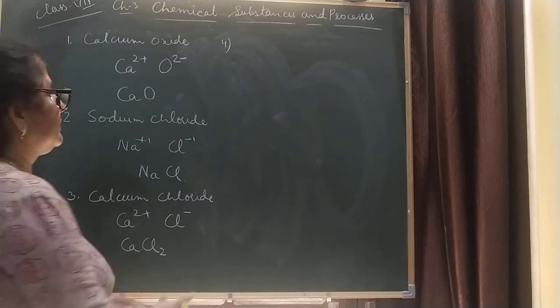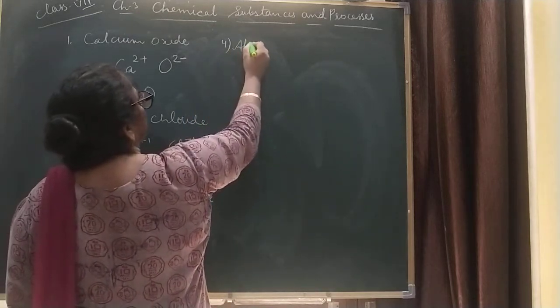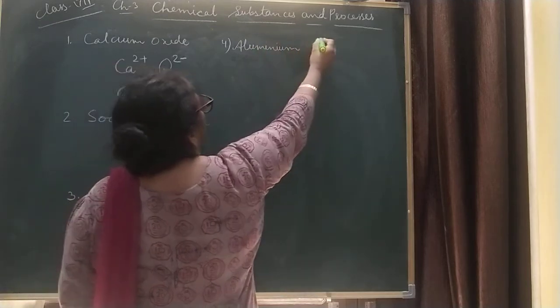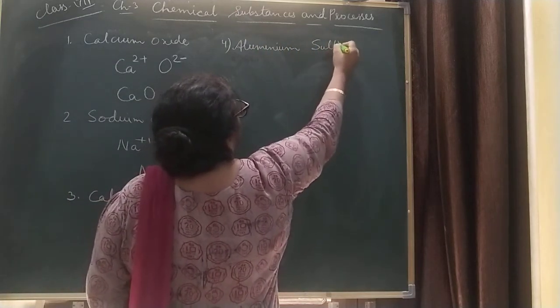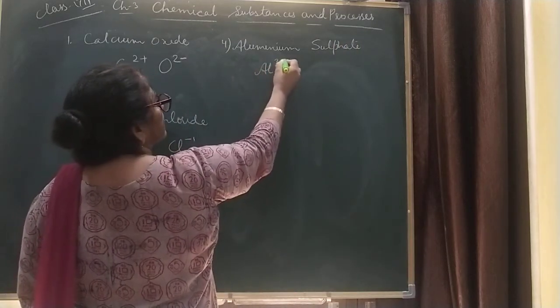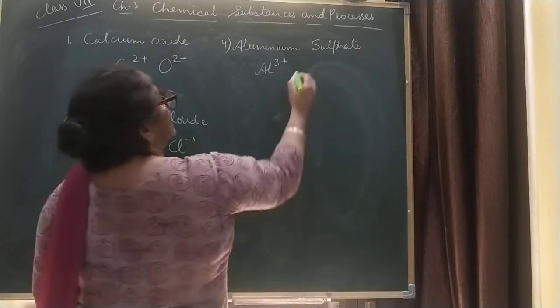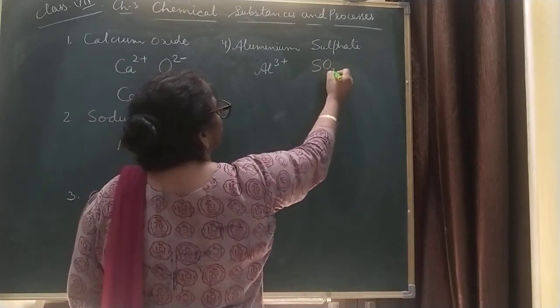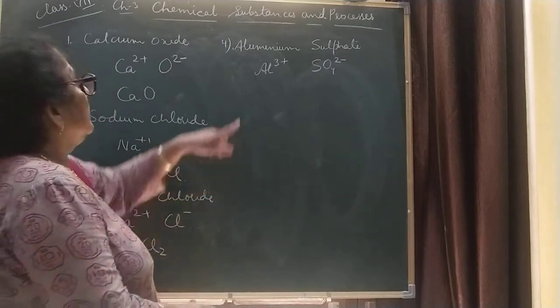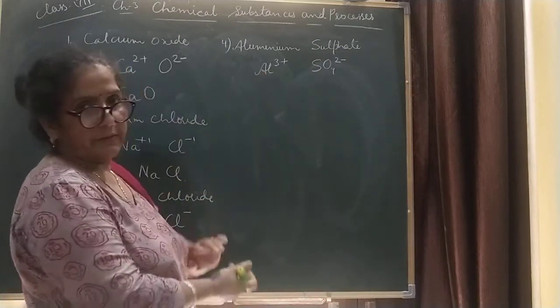Aluminium sulfate. Beta, aluminium is Al3 positive, sulfate is SO4 2 negative. Here aluminium is a single element.